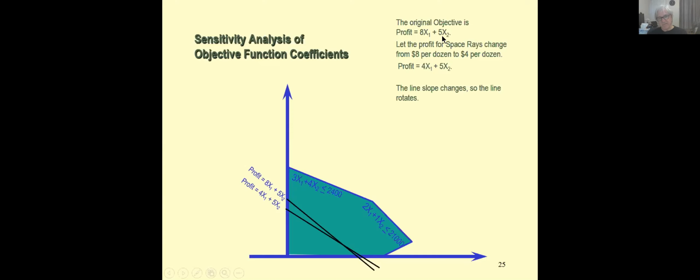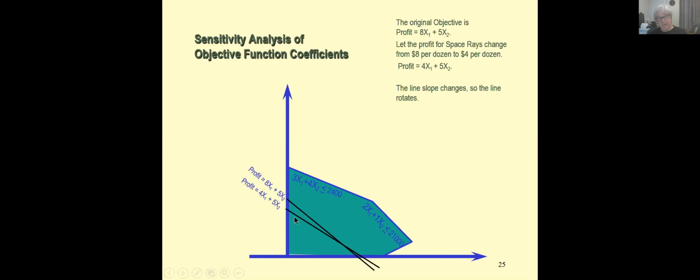Negative 8 over 5 is the slope of the straight line. But here it's negative 4 over 5, so it's less negative. Therefore the rotation, and you see it becomes more horizontal because it's less negative.